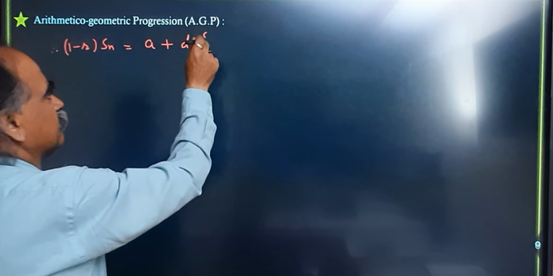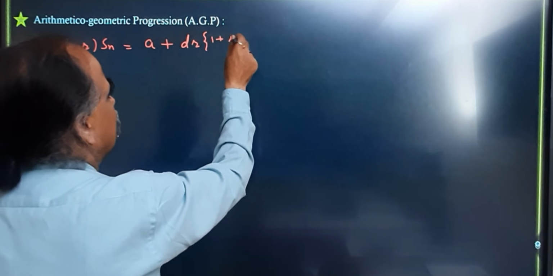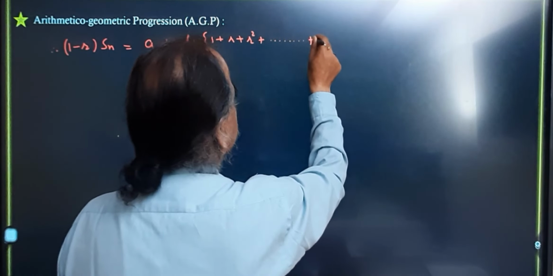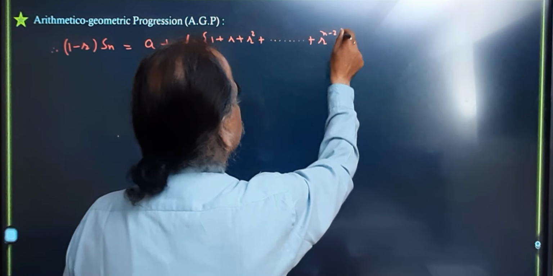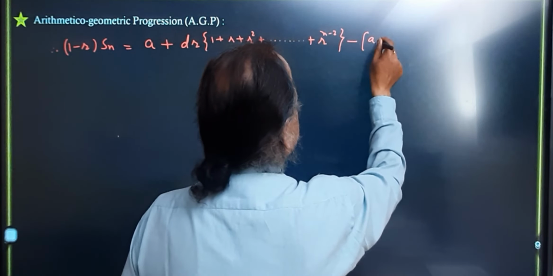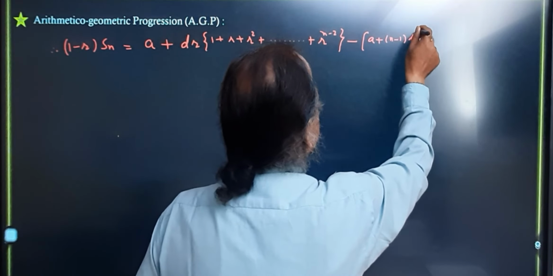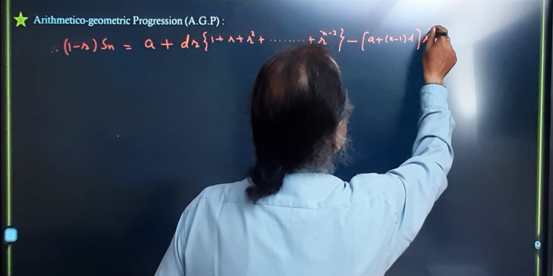When you take DR common, you will get 1 plus R square and so on, plus R raised to n minus 2, minus A plus n minus 1 D into R raised to n.